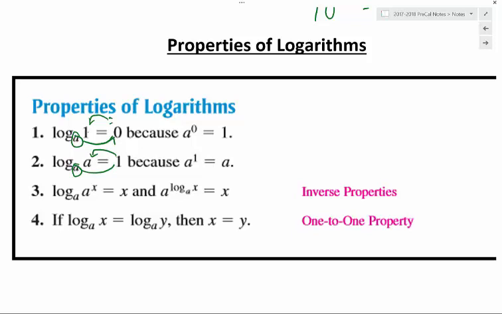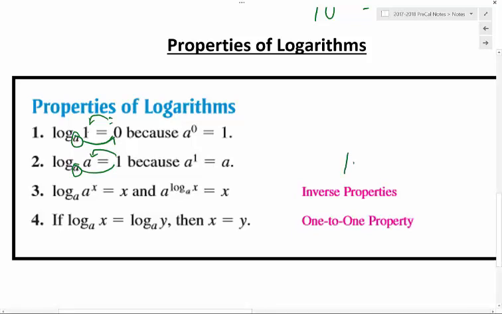Now, if I have log base A and then A to the x power as my argument, A to what power equals A to the x? What basically happens is this cancels out because it's an inverse of itself.